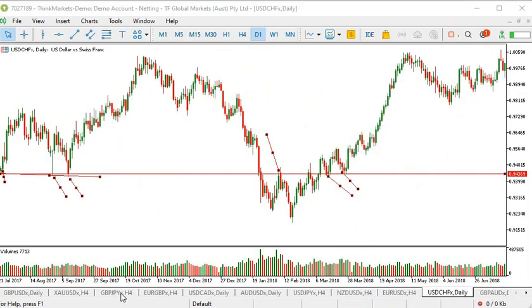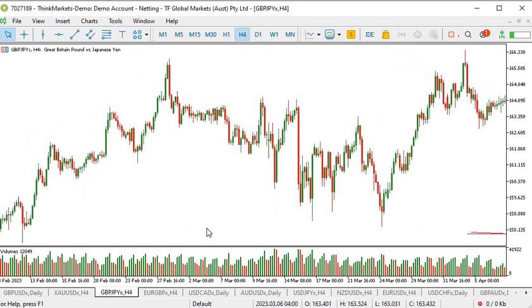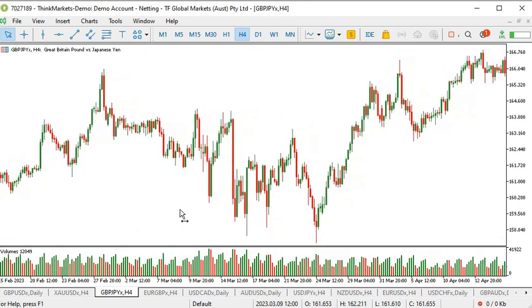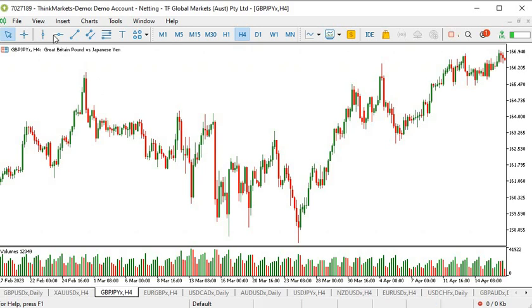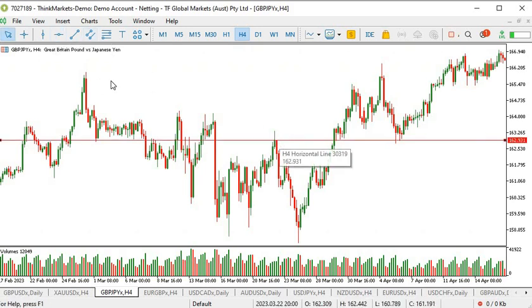Let's open the pair GBP JPY, and let's say this is the zone which I am talking about. The market has tested this from the downside here and tested it from the upside, and here again it is tested on the upside, and here it is tested on the downside.